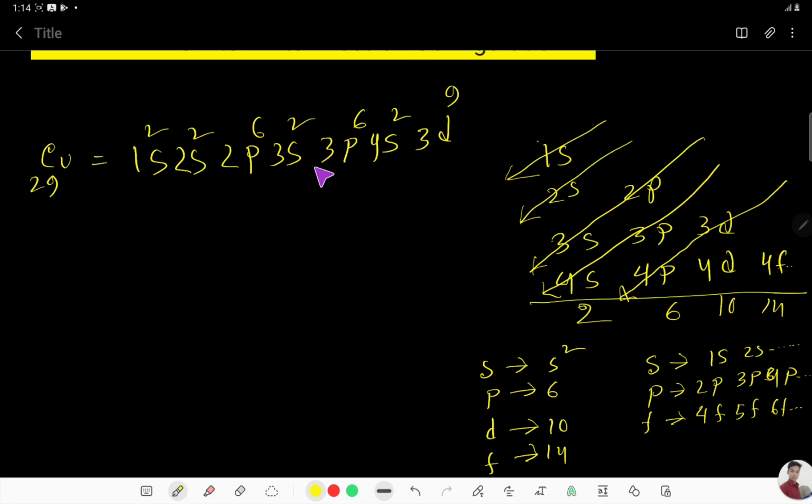So this should be the electron configuration of copper, but look here, we are getting d9. The stable form of the d subshell is d10. So it will borrow 1 from this 4s. So it will be like this 1 and here 10, right? So this is the electron configuration of copper.